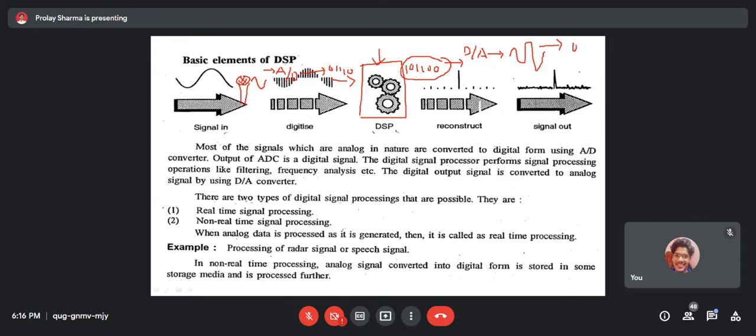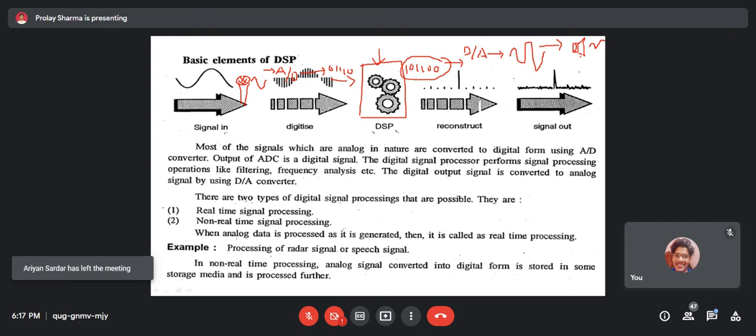So how to convert it? We need a speaker. Then the acoustic signal is generated and it reaches our ear through air, enters to our brain, and it interprets.